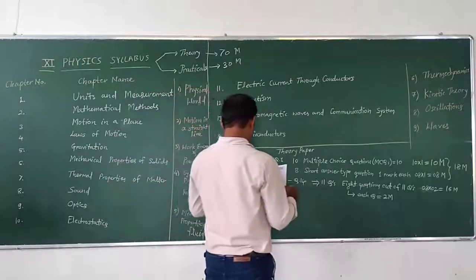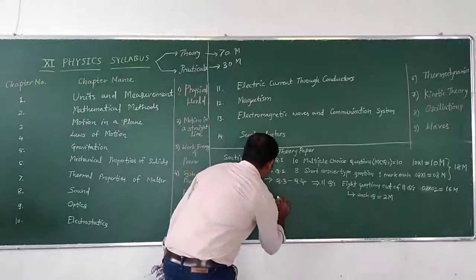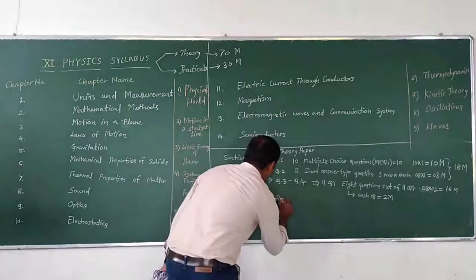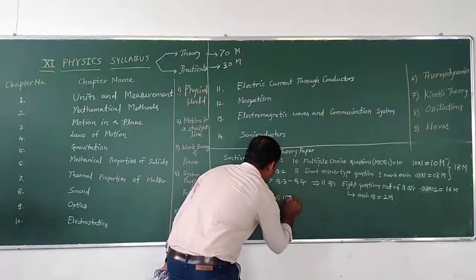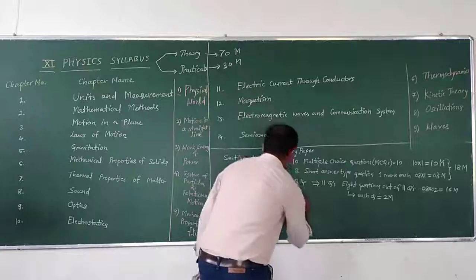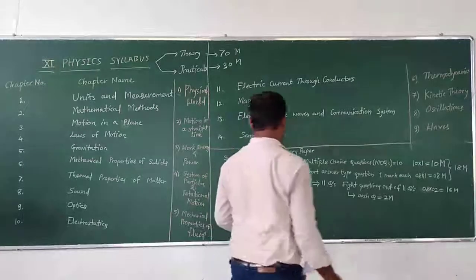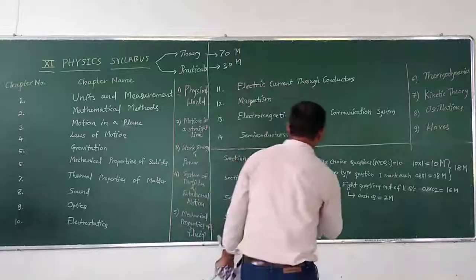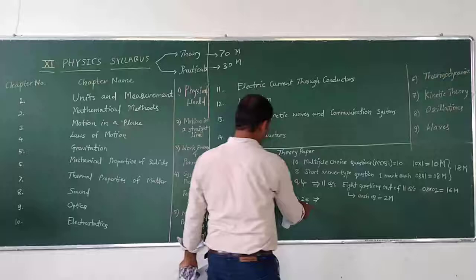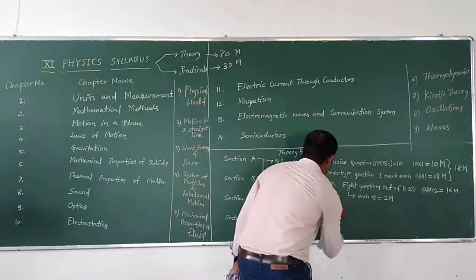Then the next one is section C. In section C, the questions start from question number 15 to question 26, 11 questions.